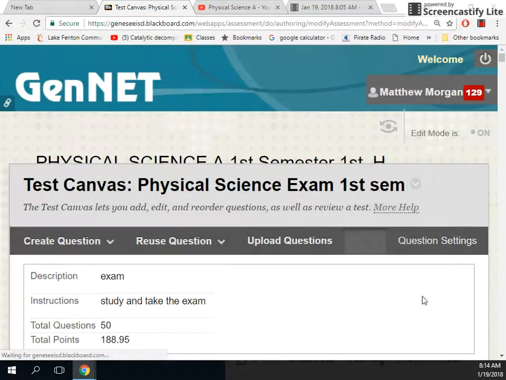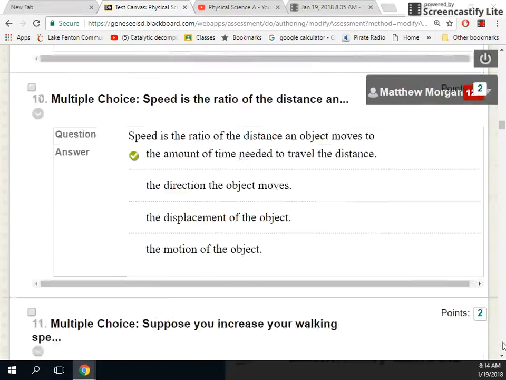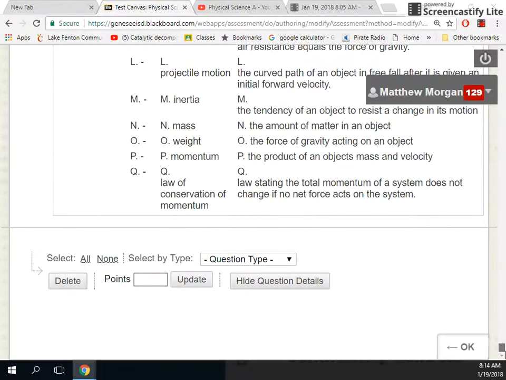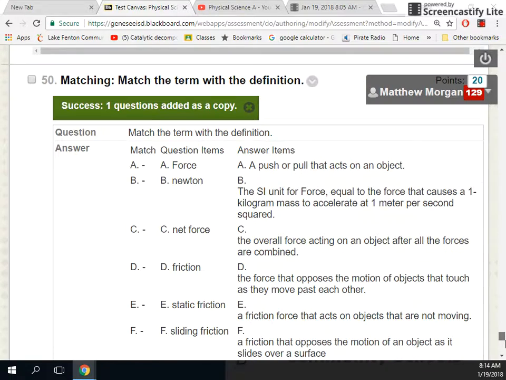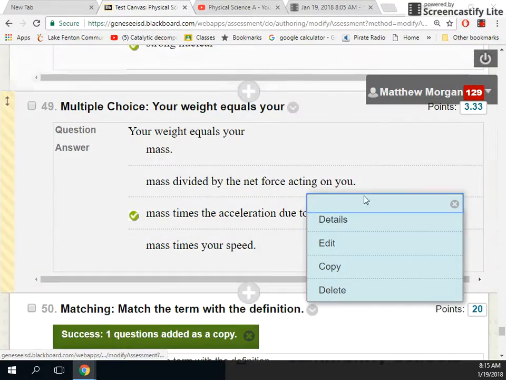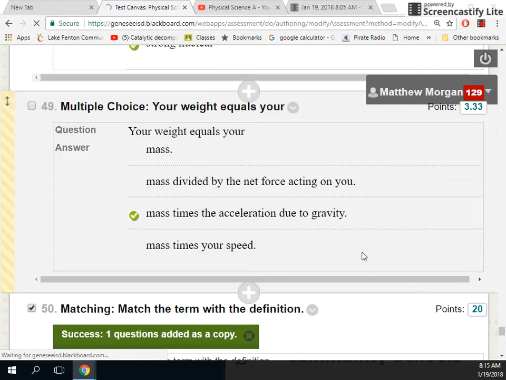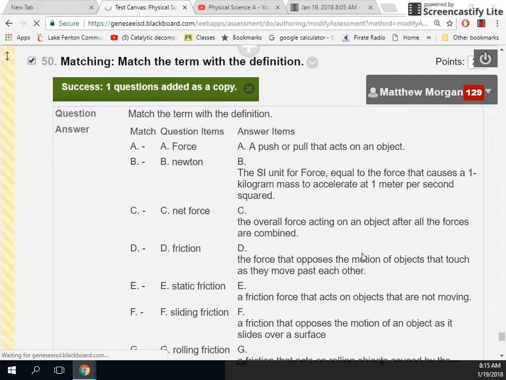We want to look at the definitions, and see if there are any in here that we can get rid of.